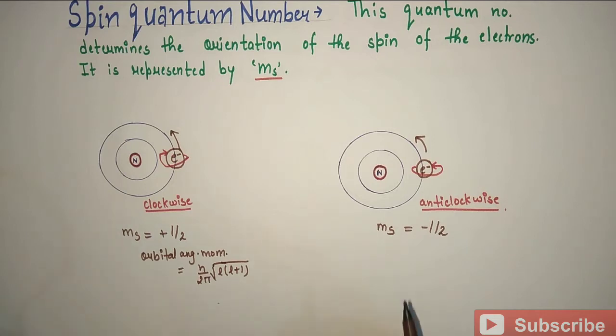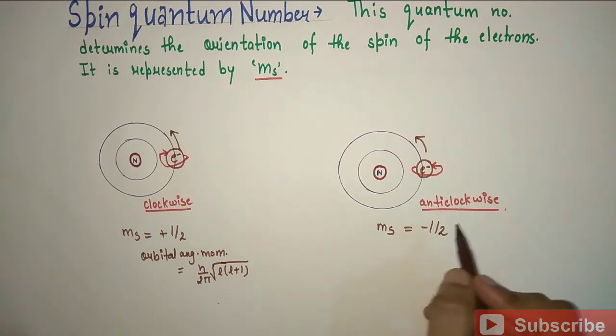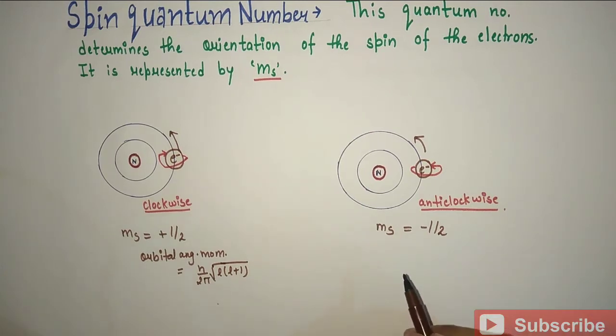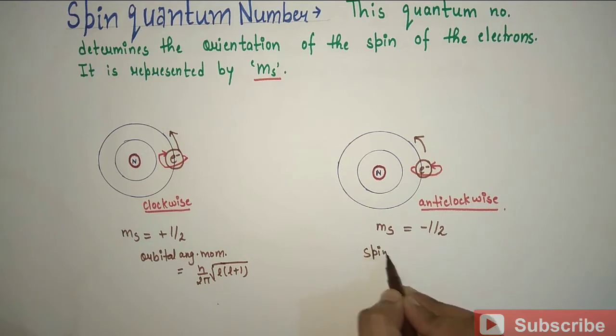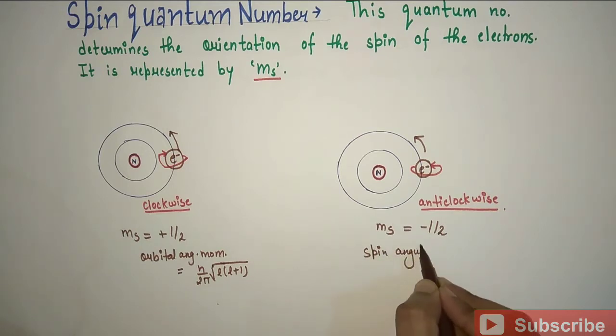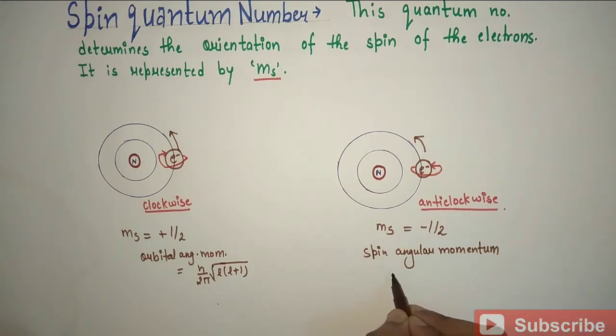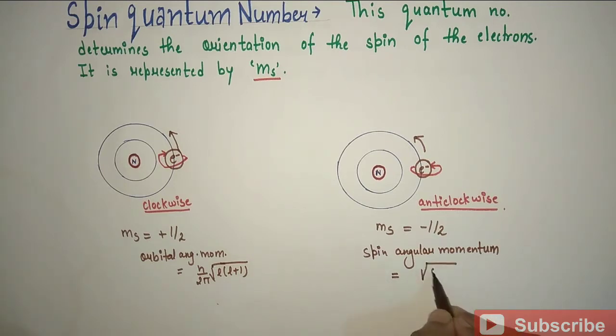In the same way, due to the spin of the electron about its own axis, the electron will also have spin angular momentum, which comes out to be under root s into (s plus 1) times h upon 2 pi.